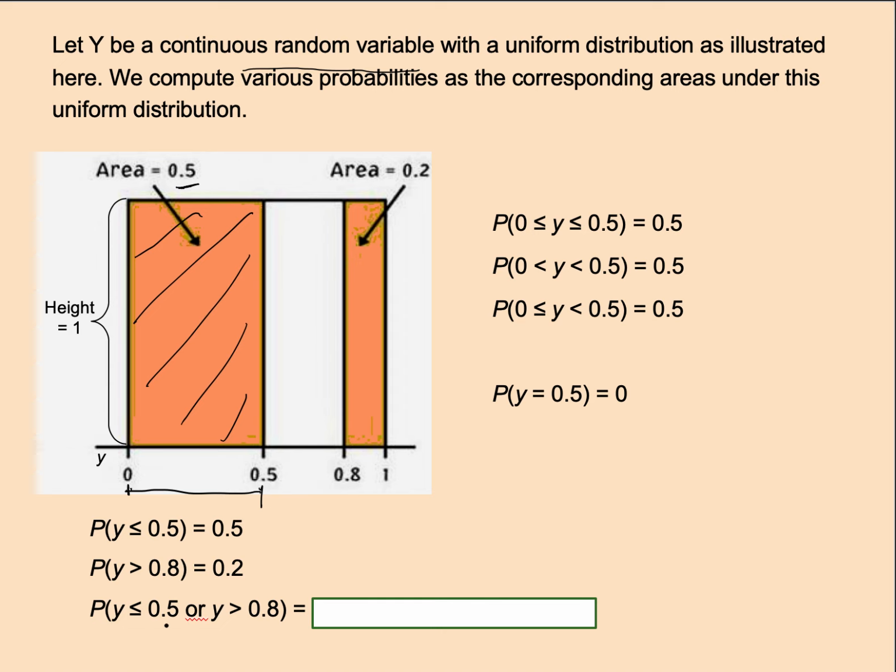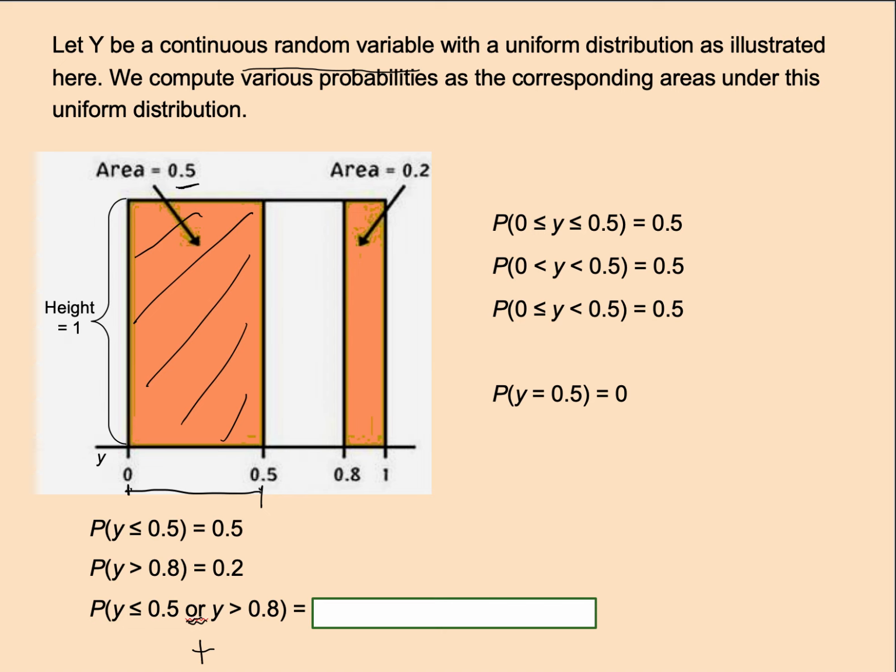Now if we want to look at the probability of y less than or equal to 0.5, that particular region, or the probability of y greater than 0.8, that one. Whenever we have this "or," we use the addition rule, right?